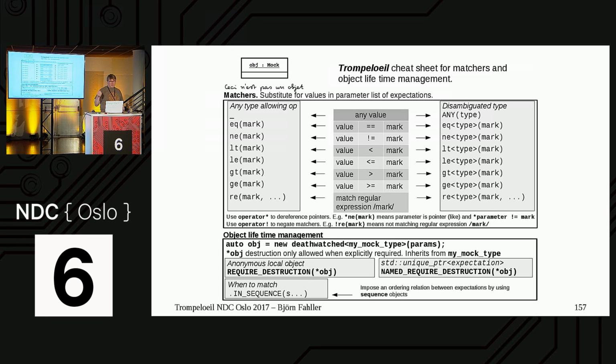Again, debatable if that is a sign of good design if you have that, but sometimes you need to test code that isn't great. This is not needed, but it is a convenience. It makes life easier.